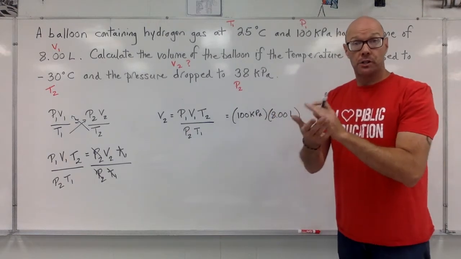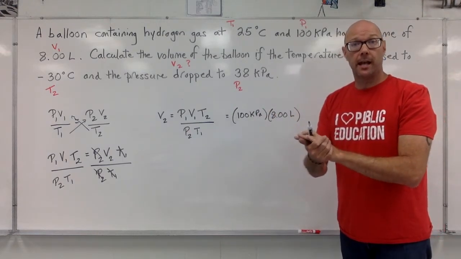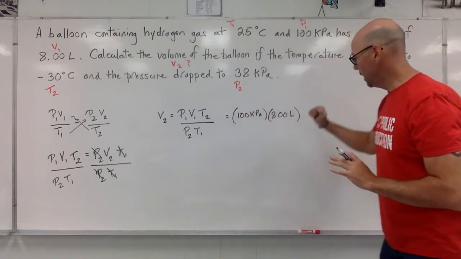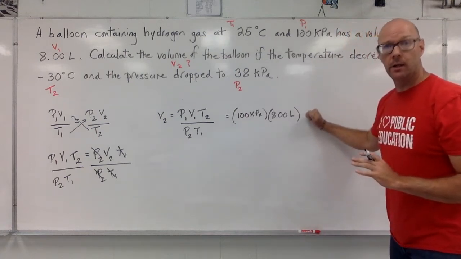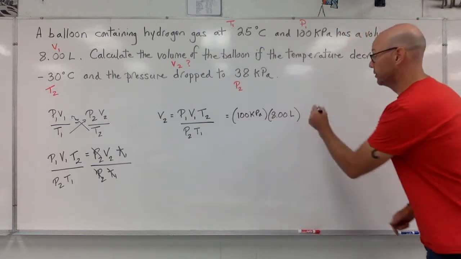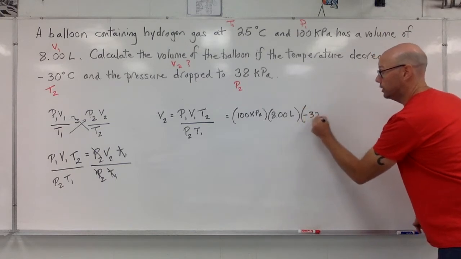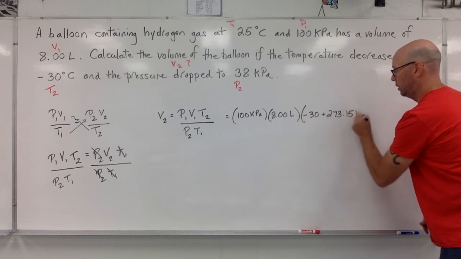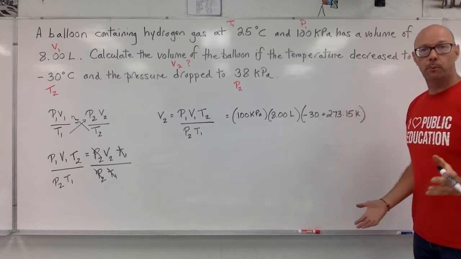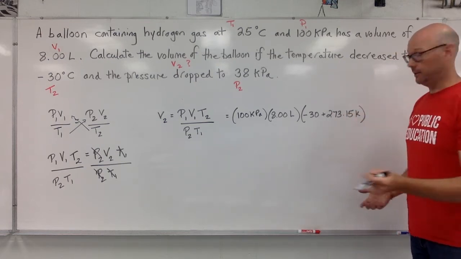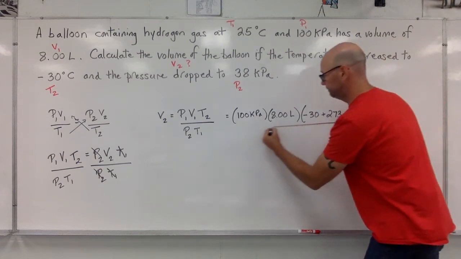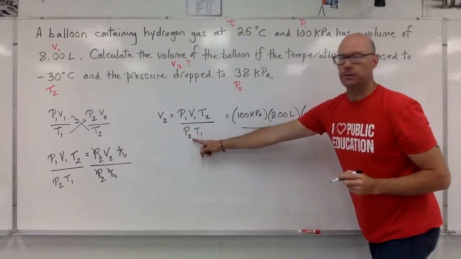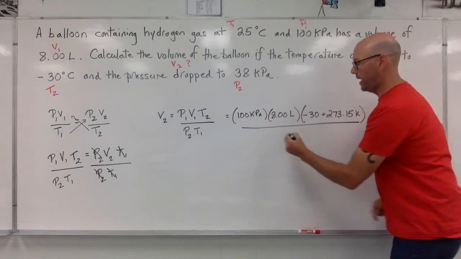Maybe you're the kind of person who wants to work the conversion into Kelvin separately on the side first, and just put the final answer right here. I'm not that. I'm going to show it like this. It's minus 30. I'm going to add 273.15 to convert it into Kelvin. This is over P2, the second pressure, 38 kilopascals.